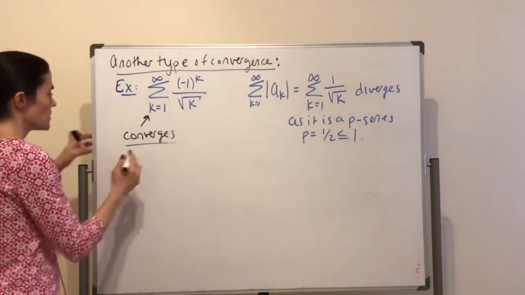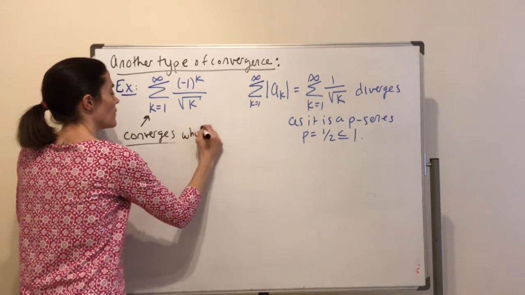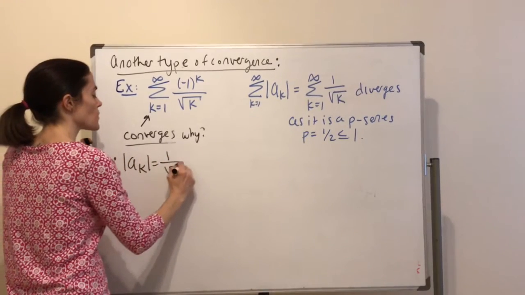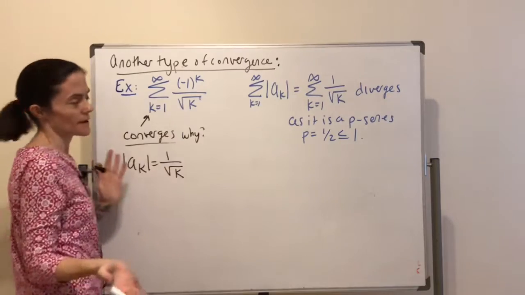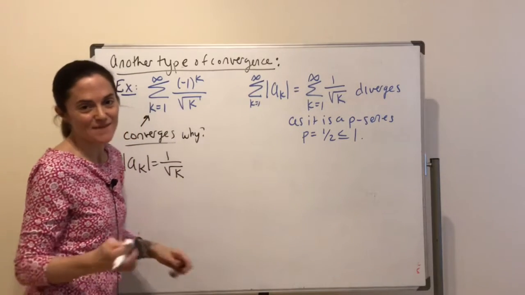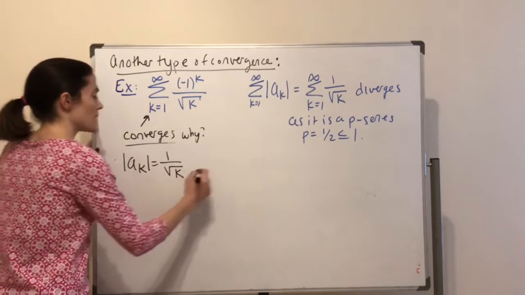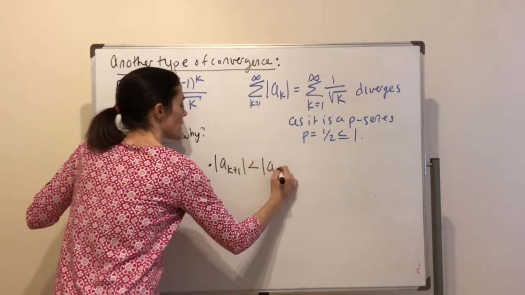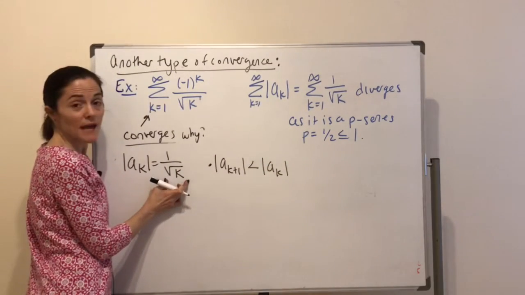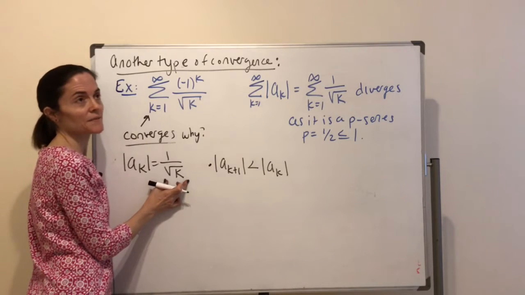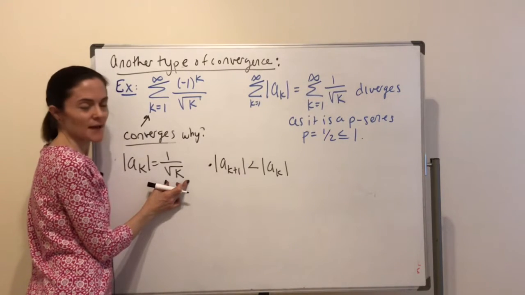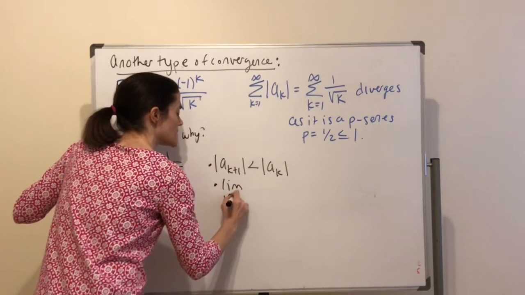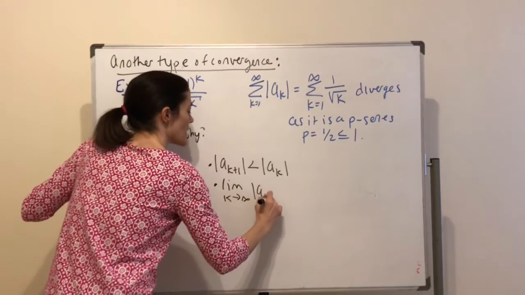With this series, why? Well, absolute value of a_k is 1 over the square root of k. First of all, it's alternating, right? We see a minus 1 to the k times absolute value of a_k. But then we without a doubt have absolute value of a_{k+1} is less than absolute value of a_k because the denominator is growing. We have a fixed numerator. And so the terms are decreasing in absolute value here. And then we just need to calculate the limit as k goes to infinity of absolute value of a_k.